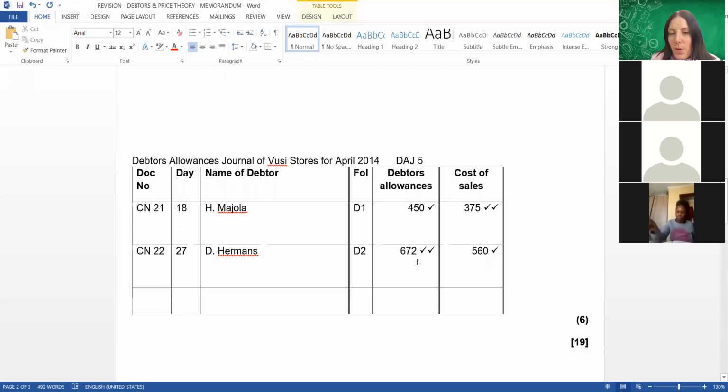If you have the cost price, you say 560 times 120 divided by 100, and then you work out your sales price, which goes in your debtors allowances column. So that is why this one is worth 2 marks and the 560 is worth 1 mark.